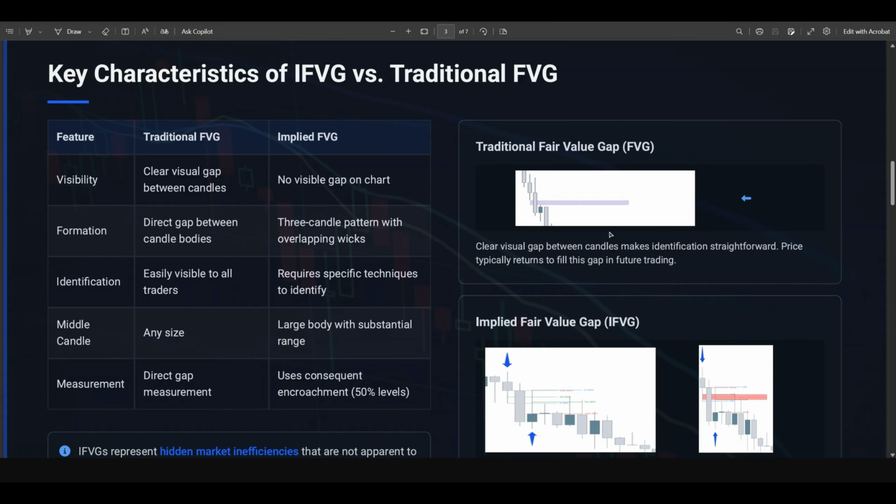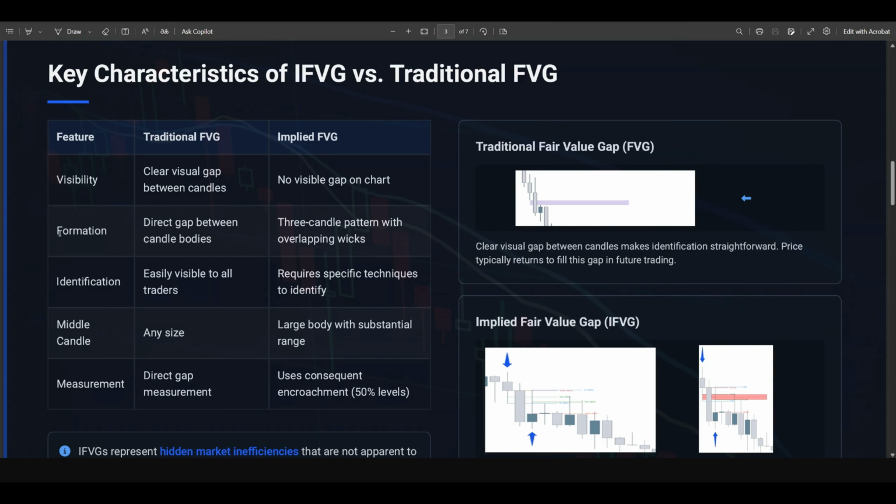Now, let's talk about some key characteristics of the implied fair value gap versus the traditional fair value gap. On the traditional fair value gap, when it comes to visibility, there's a very clear visual gap between the candles, as you already know. But with the implied fair value gap, there is no visible gap on the chart.